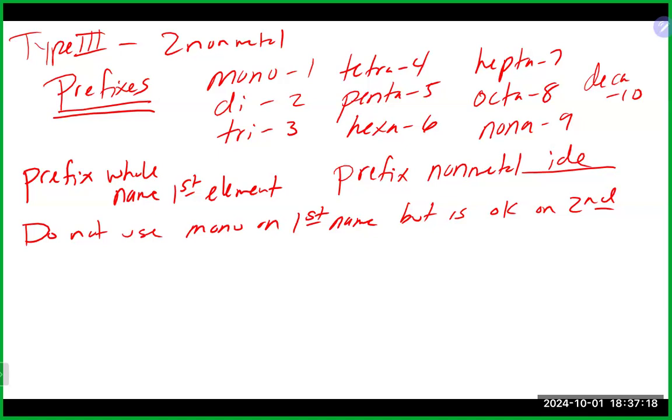Sometimes you'll get an O and an O, one from the prefix, one from the first letter of the element. You will also sometimes get an A and an O that back up. In those situations, we typically get rid of the vowel from the prefix and write the name accordingly.